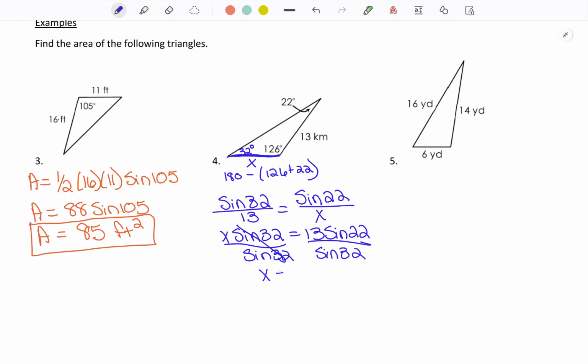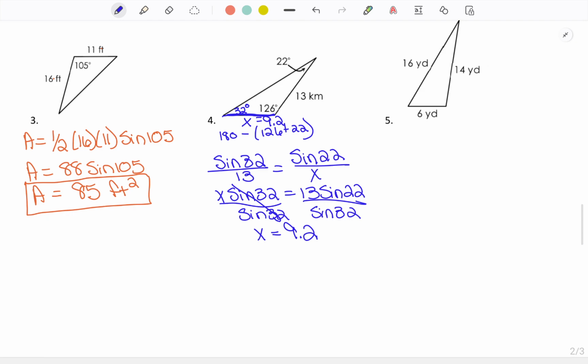So we're going to put this in the calculator, and that should give us 9.2. So x equals 9.2. So now we can use that in our area formula, so we'll have 1/2 times 9.2 times 13. And then 126 is that included angle, so the sine of 126.